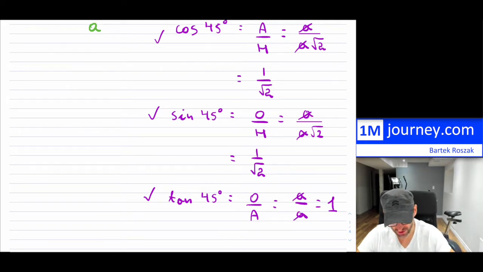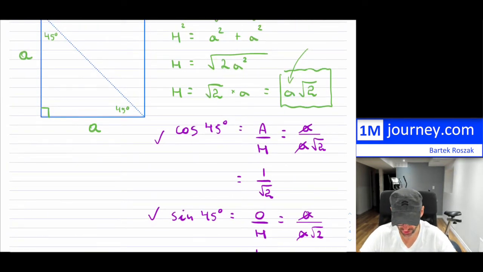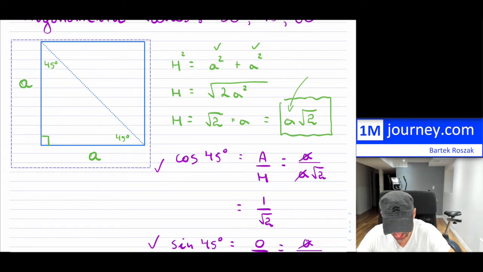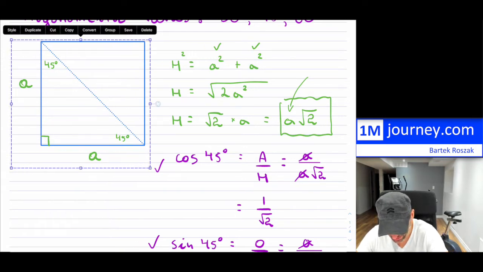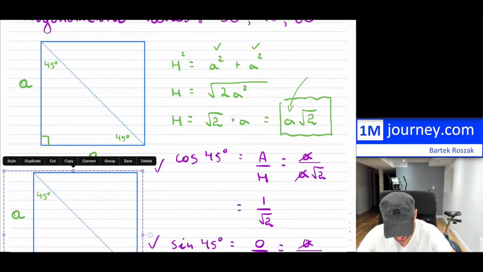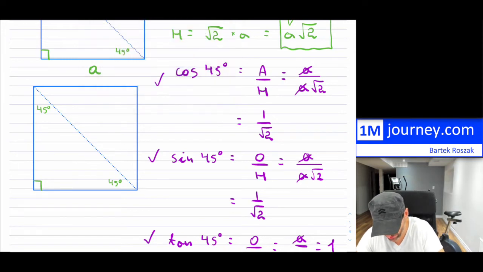So what most teachers, professors, instructors or students, anyone learning this, will do is, instead of deriving this in terms of some random side of length A, because the A always cancels, you will find that it is most often shown with just sides equal to 1.